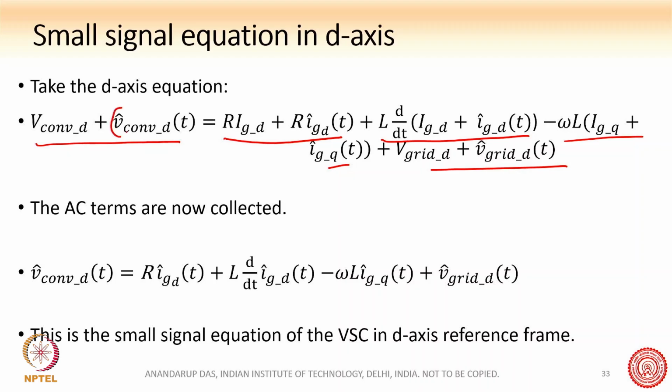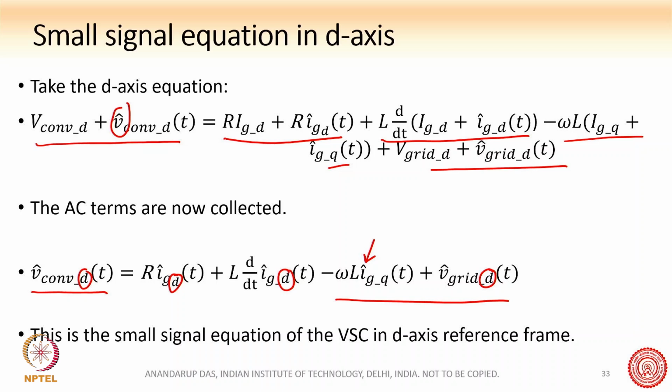So we collect all these hat terms here, and we see that this is the small signal equation of the VSC in the D axis reference frame. All these are D axis terms, and this is the cross coupling term.